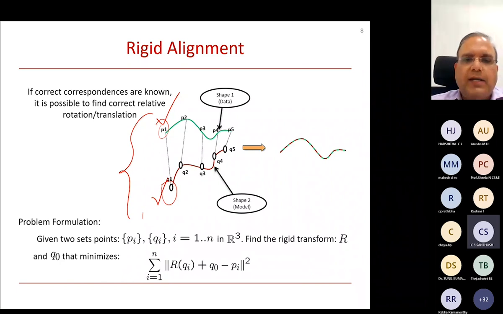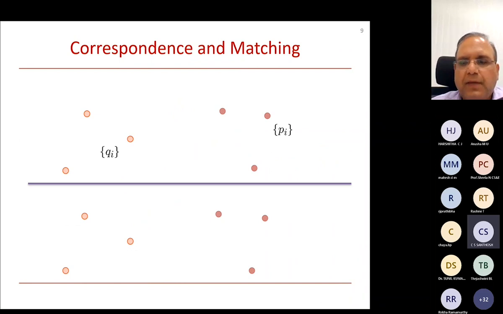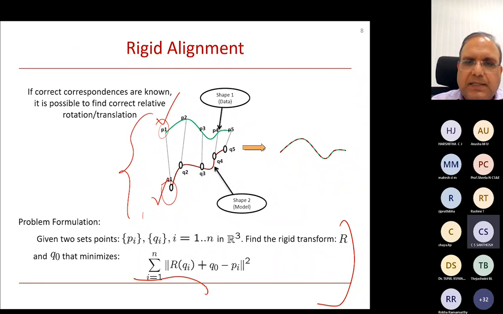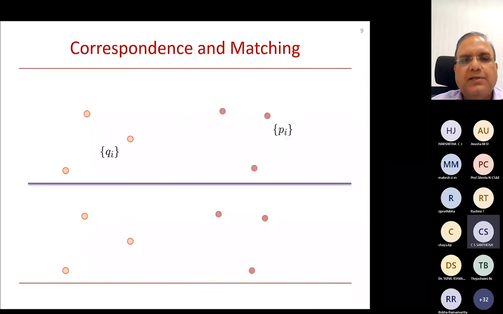Once the point correspondences are known, there is a set procedure which can be used to align these point clouds, or these sets of points, with the help of this registration procedure. Okay, in this procedure, there are two things involved: translation and rotation. For example, you have a set of points represented as Pi and another set of points represented as Qi, and you are trying to align them.